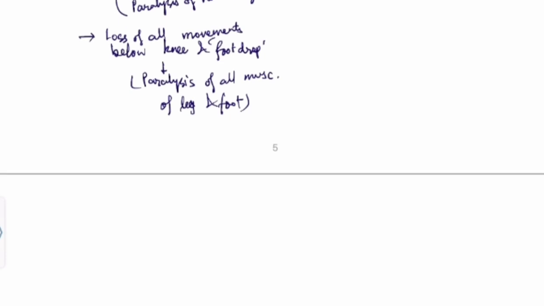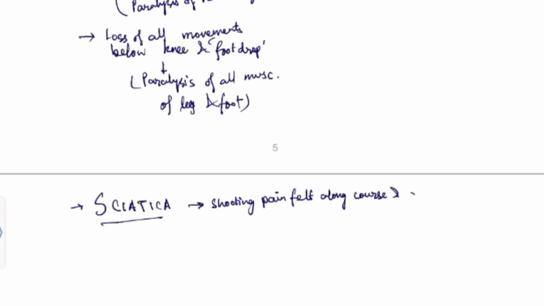Now we go on to another clinical anatomy known as sciatica. It is given very beautifully in Vishram Singh. Shooting pain is felt along the course and distribution of the sciatic nerve. Wherever the sciatic nerve is present, it will cause pain there, like in the buttock, posterior aspect of the thigh, lateral aspect of the leg, and dorsum of the foot.